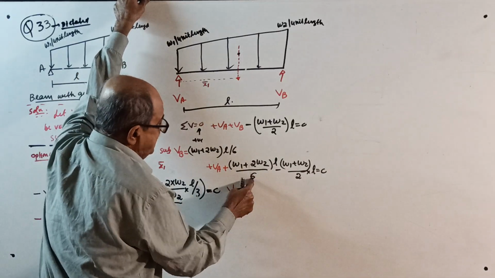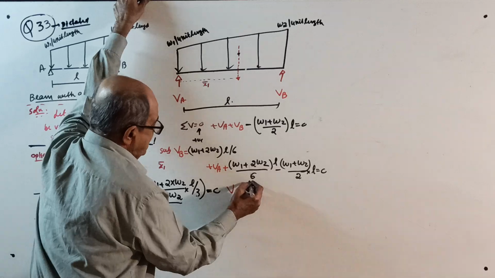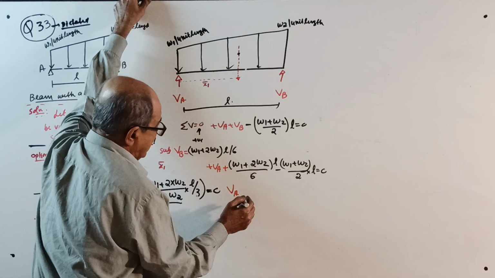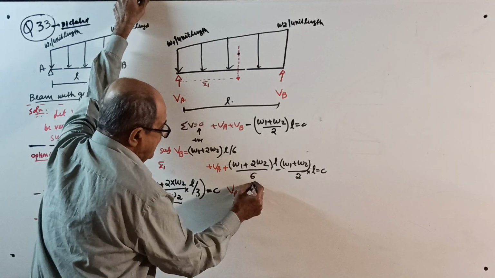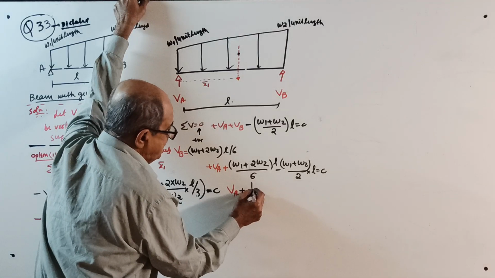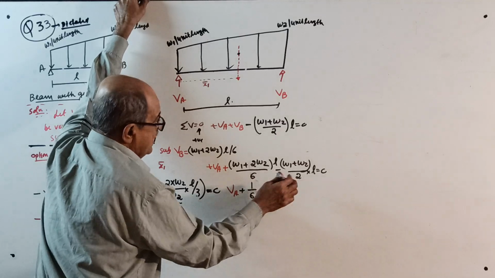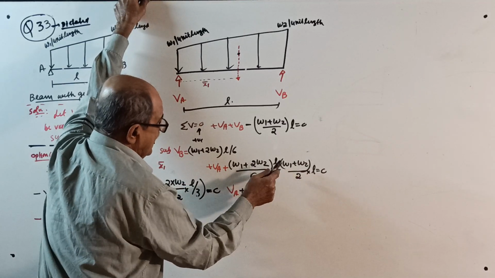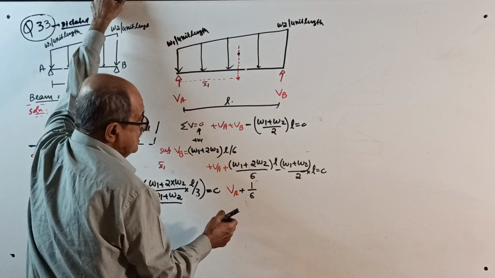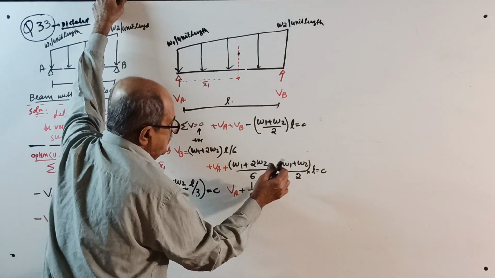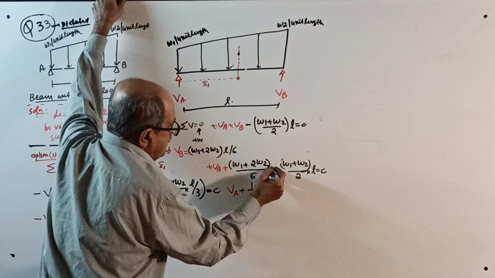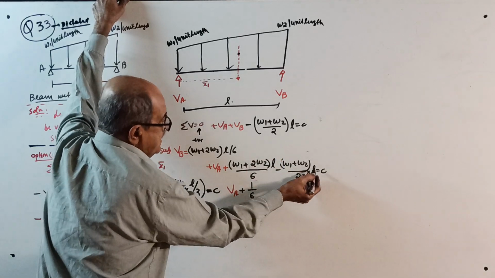Or you can do one thing, continue further, okay, better. W1 plus, take 1 by 6 outside, and also there is an L here.